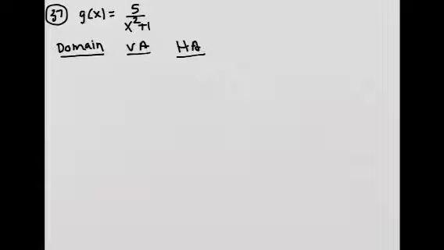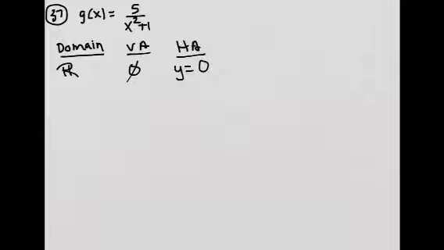For 37, the domain is all reals. No restrictions on the domain. Nothing makes the denominator 0. Vertical asymptote then would be none. Okay, and horizontal asymptote, since this is a bottom-heavy rational function, the horizontal asymptote is 0.